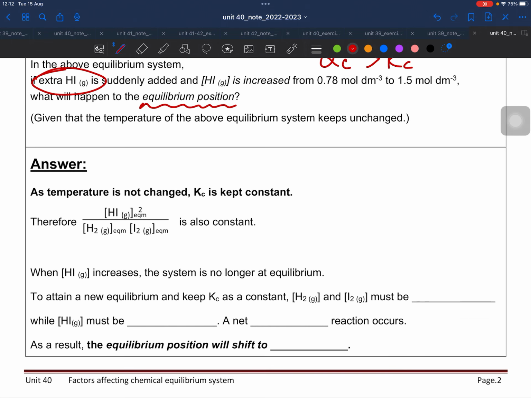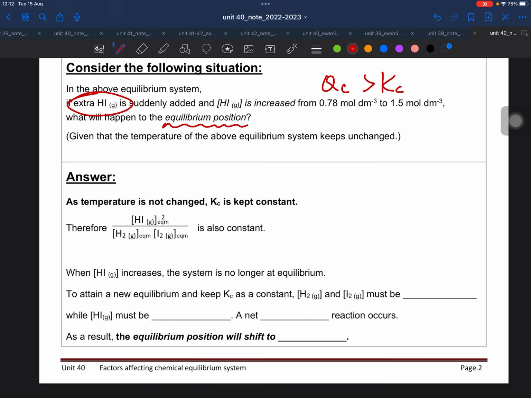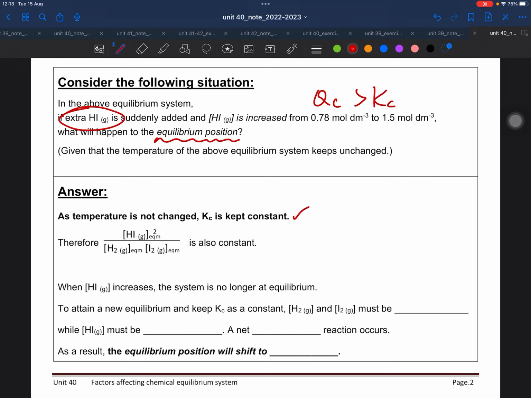Okay, so how can we express our answer in the public exam? First of all, there is no change in the value of Kc because the temperature is unchanged. But because there is extra HI, the system is no longer in equilibrium because Qc does not equal Kc anymore.